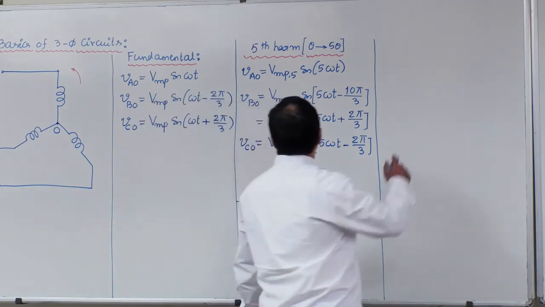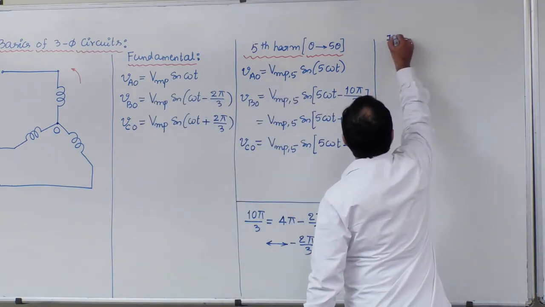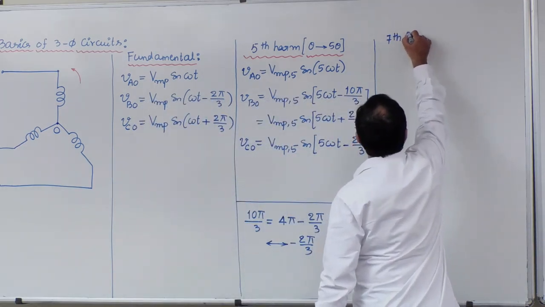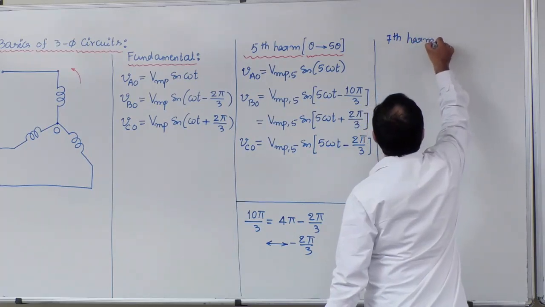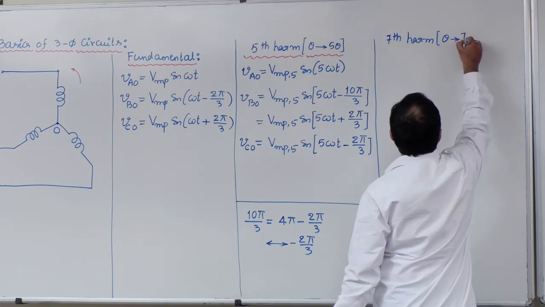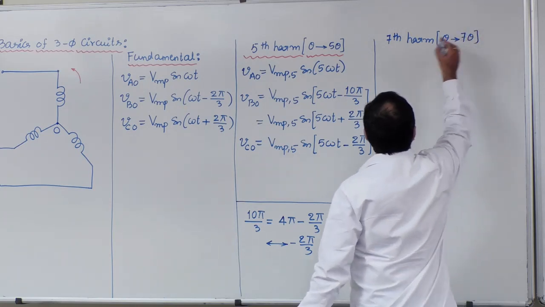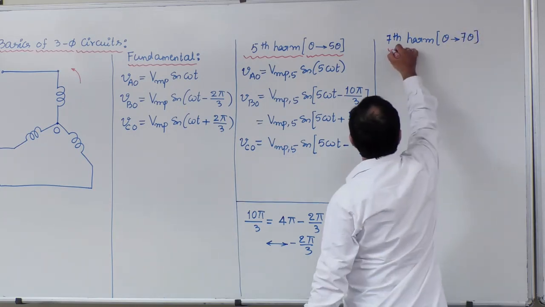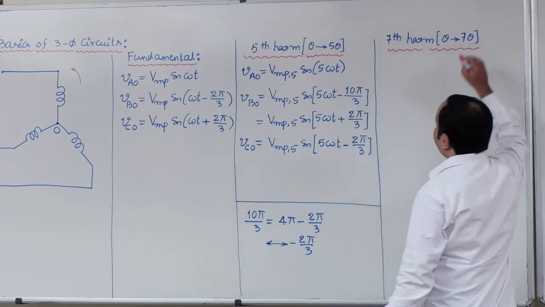Now let us look at the components for the seventh harmonic. I hope by this time you can catch the point I am saying: theta should be replaced here with 7 theta.